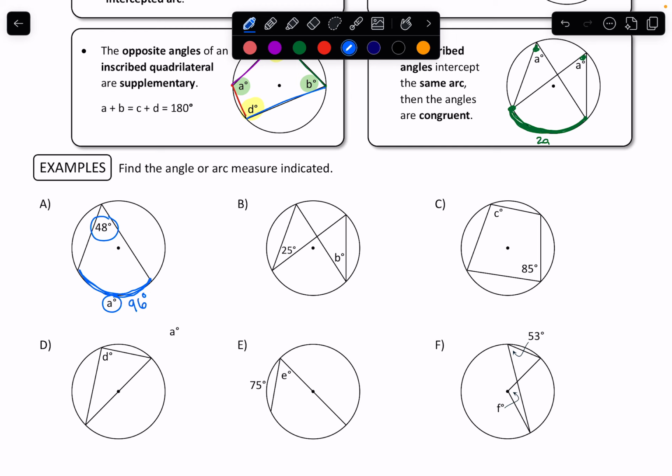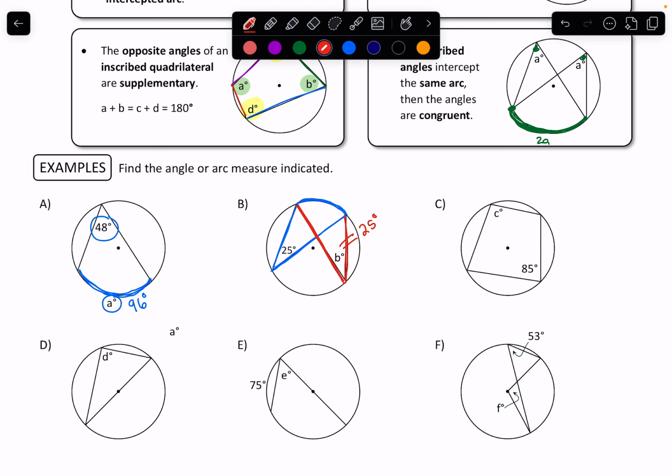So I've got this 25 degrees right here, and it's made up by these two lines. That inscribed angle is connected to this arc. Now, angle B stops and starts at the same arc. So my left spot and my right spot are the same as my blue inscribed angle. So that means my angle is the same. So B is going to be 25 degrees.